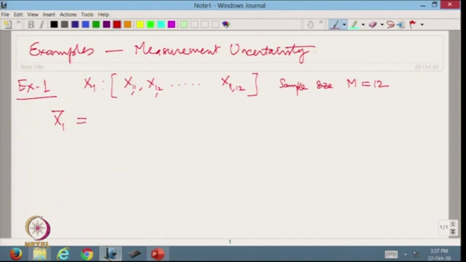And to get the nominal value, we just need to calculate the mean x1 bar. If you just do the arithmetic mean, do the calculation, you will get the answer as 240.4.